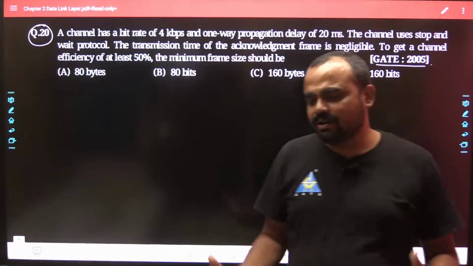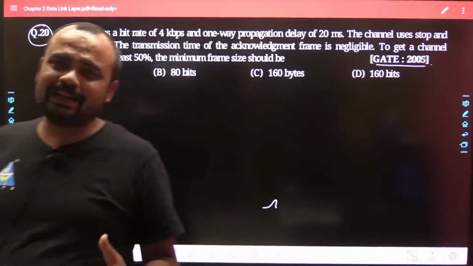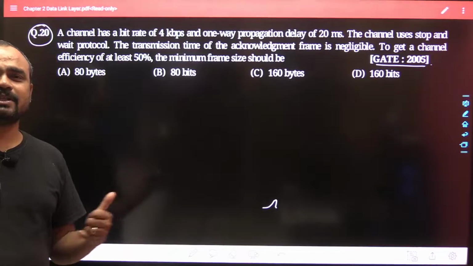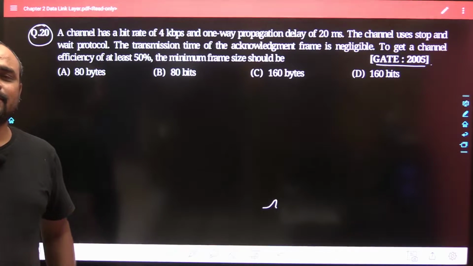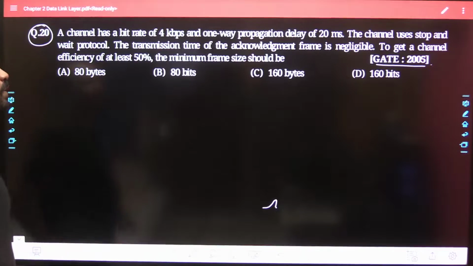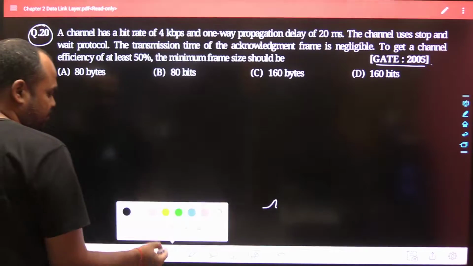Already we have learned all the related concepts for this problem. So take your time and give me the right answer of this question. Okay. So see, a channel has a bit rate of 4 kbps.